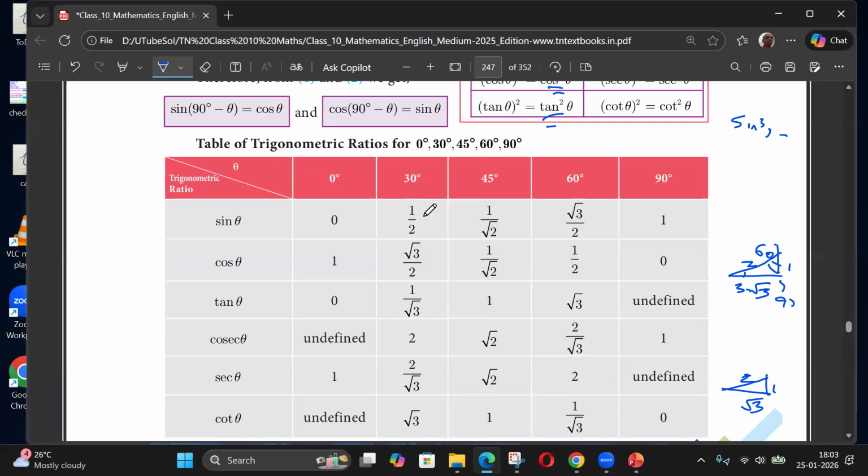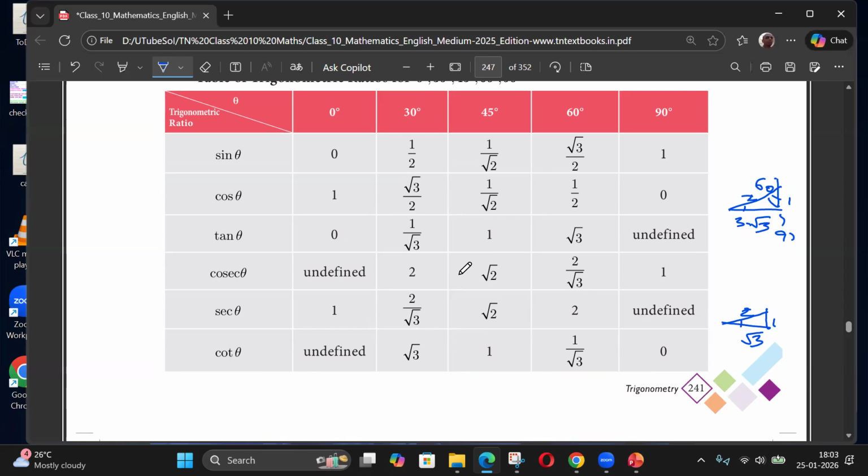Sine 30 is 1/2. This is the minimum angle, 30, so 1/2. And then cos 30 is root 3/2. Tan 30 is 1/√3, opposite by adjacent.